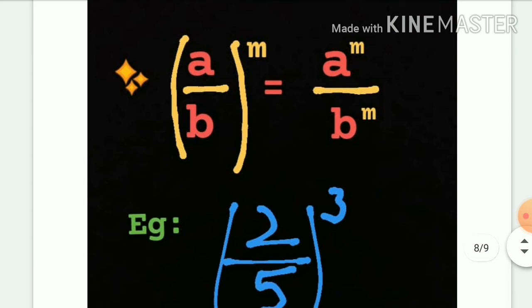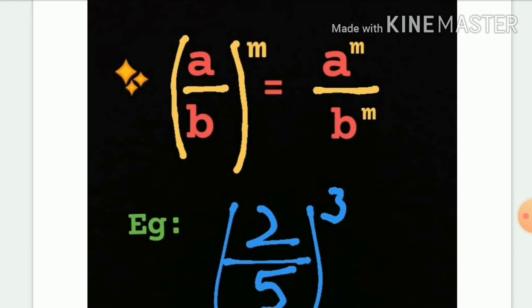You have learnt division previously also. What you learned was that the bases were the same and the indices were different. Now we will see two different bases with the same index.